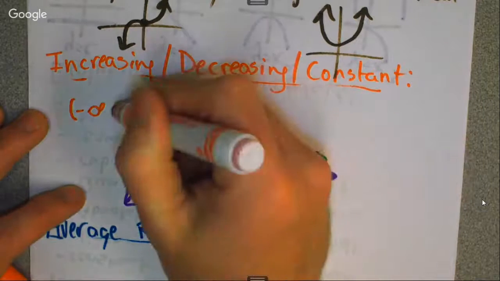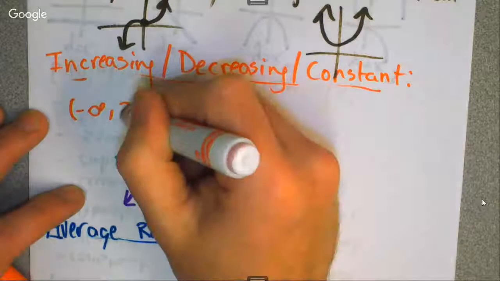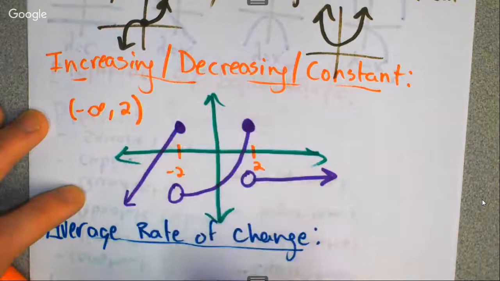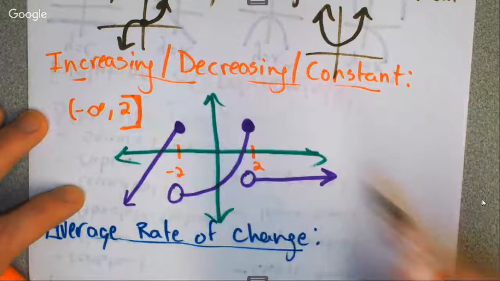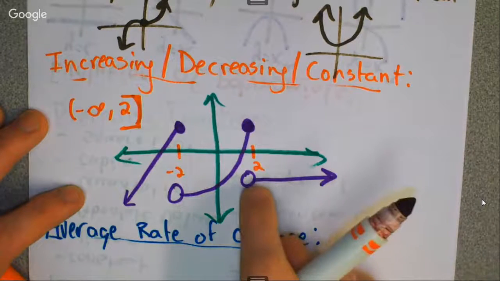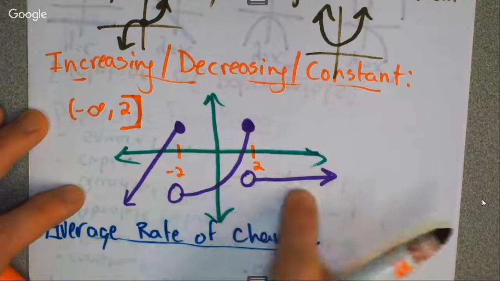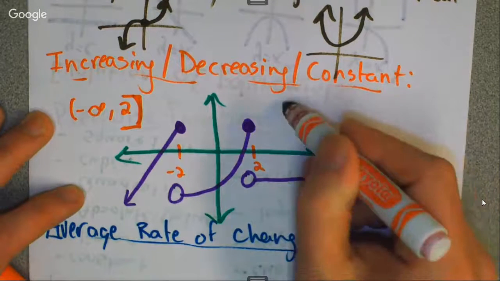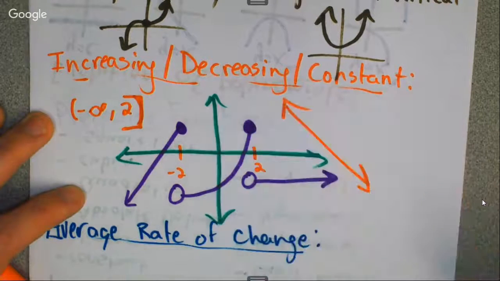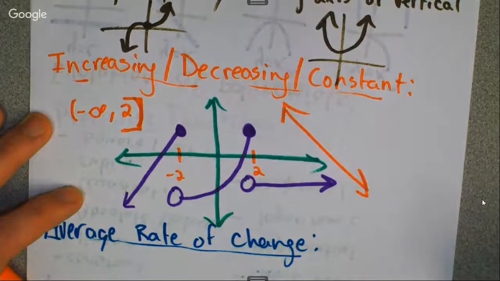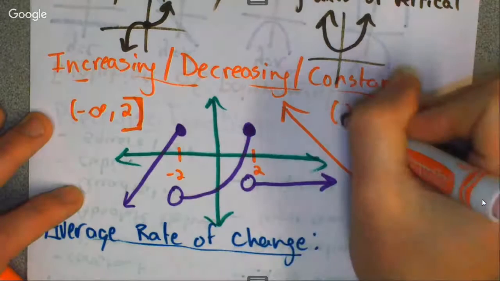So we could actually write it's increasing from negative infinity to 2. Okay, with a bracket there because I have a closed circle. Now it's decreasing. Well, in fact, this is not decreasing anywhere. We'd have to have a line with a negative slope, something like that, in order to find where it's decreasing. But it is constant at 2 to infinity.